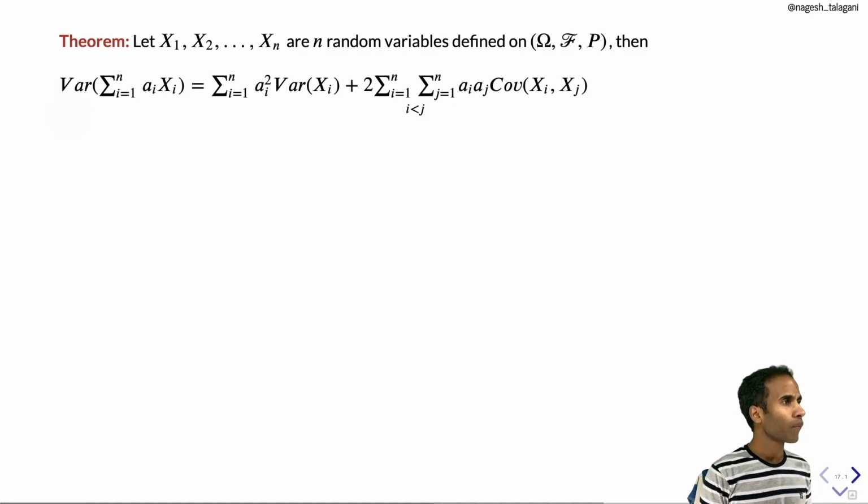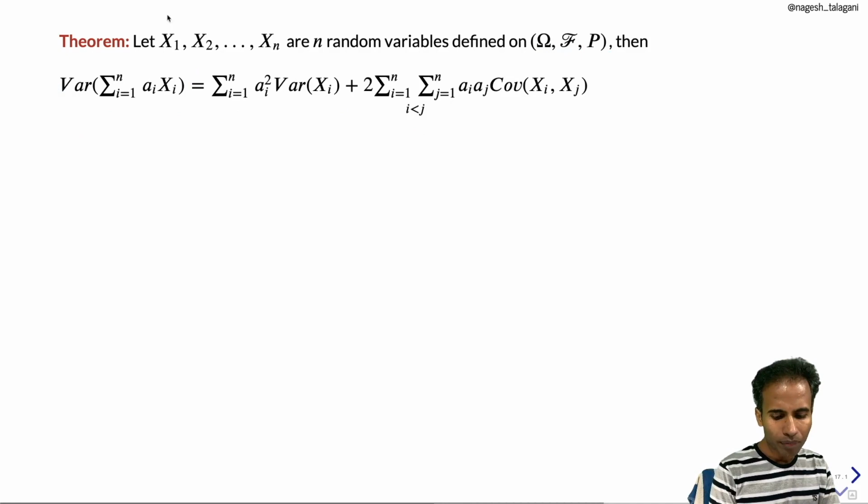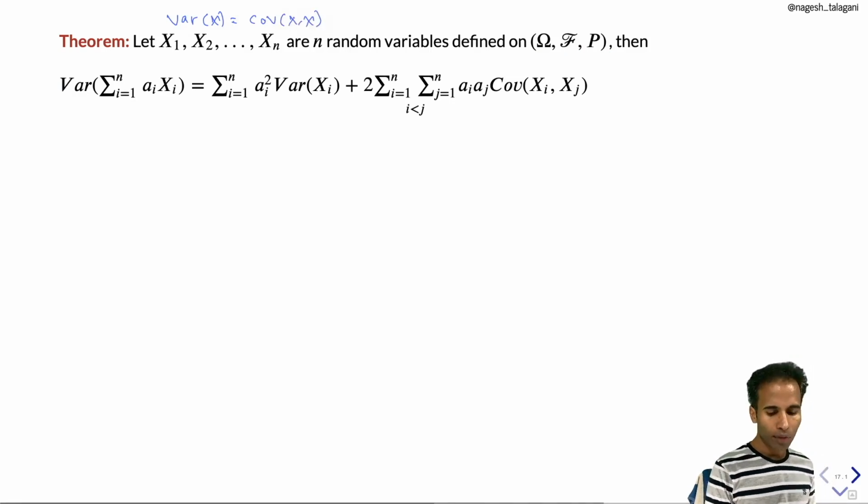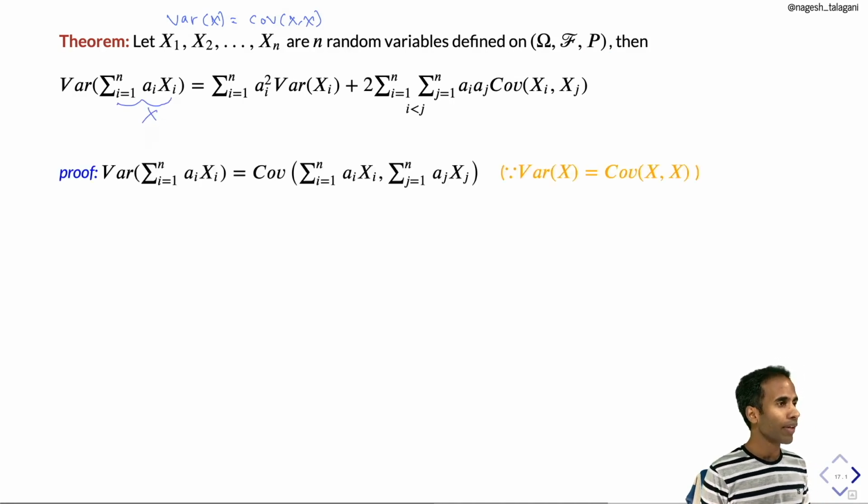First of all, we know something. The variance of a random variable x we can write in terms of covariance like this: covariance of x comma x equals variance of x. Now the variance of the linear combination we can write as covariance of the linear combination with itself.